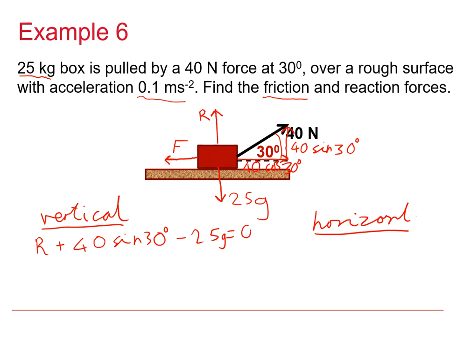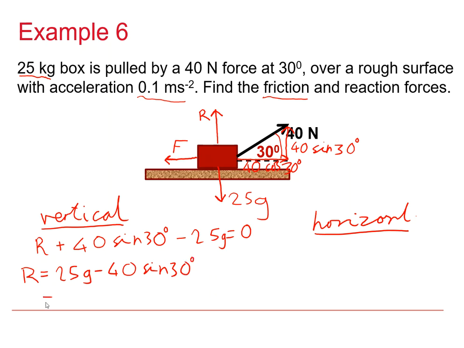All that together must equal 0. So I can rearrange that to find R, so I can see that R is going to be 25g minus 40 sine 30 degrees.